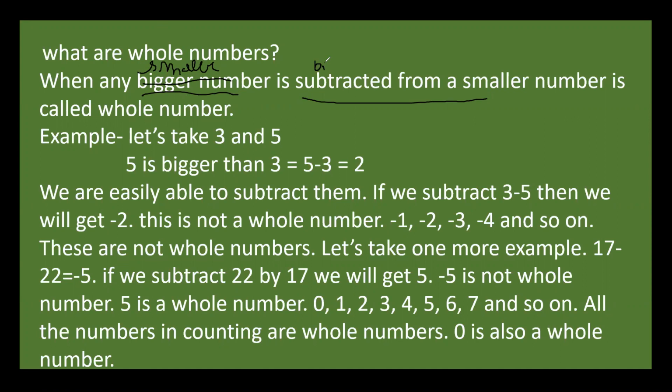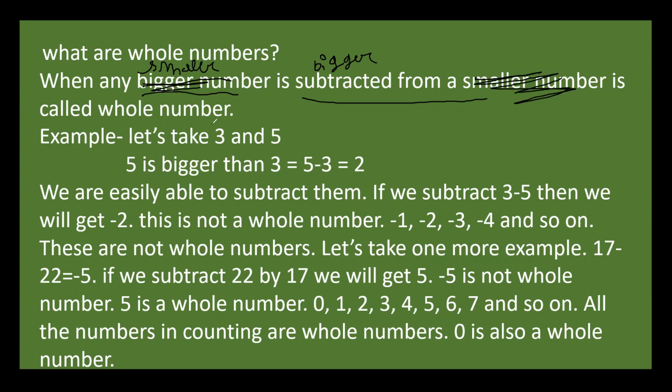Okay, I'm telling you the correct one, so ignore what is written in the sentence. Just read. When any smaller number is subtracted from a bigger number, the result is called a whole number.